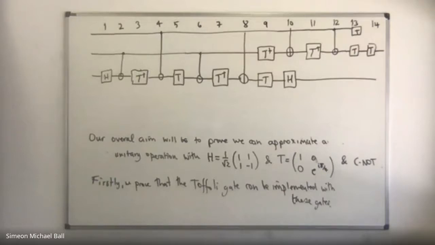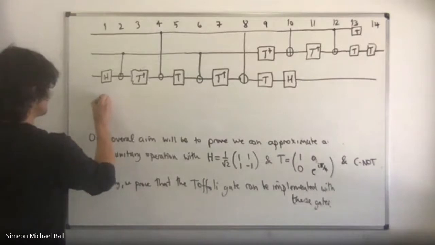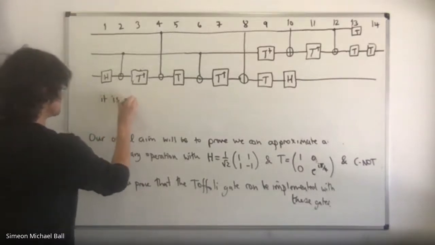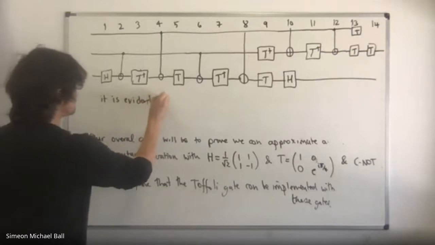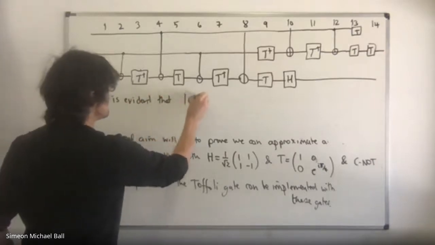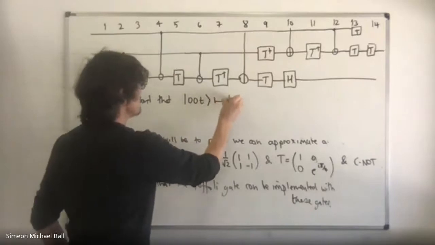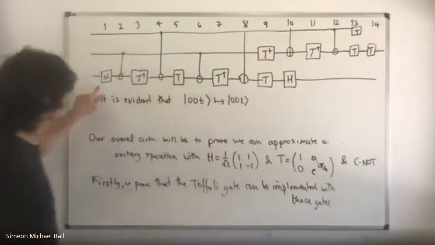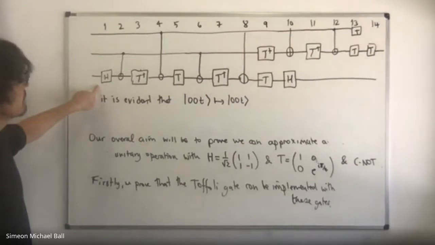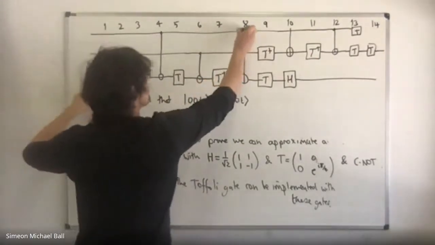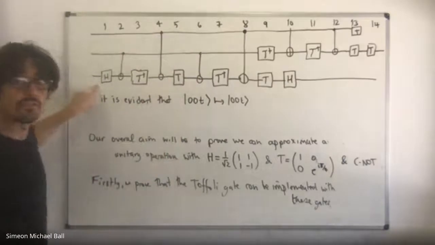I've written down here that 0, 0, something is obviously, I think that's kind of true, right? Let's say it is evident that 0, 0, t goes to 0, 0, t. If you look down here, the C-NOTs aren't going to come into play because these first 2 bits are not set.